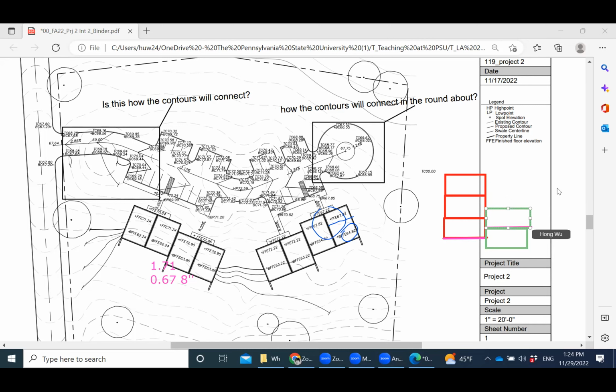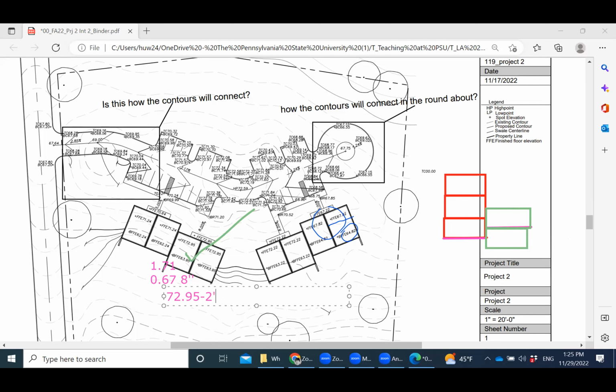So if you want to keep the FFE here, then I would use 72.95 minus 2 times 0.67, or 3 times even, right? 3 multiplied by 0.67 would be 2, right?